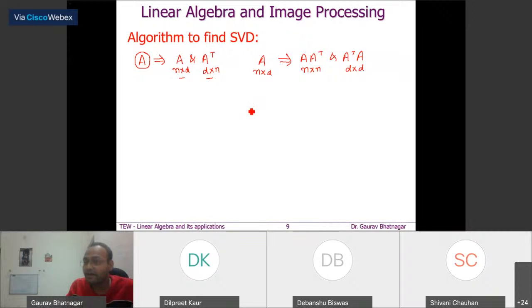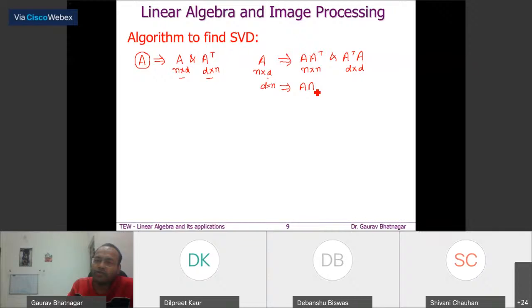So doesn't matter whether your A is a square matrix or a rectangular matrix, the matrices A A transpose and A transpose A are going to be square matrices. For the moment, let me say D is equal to n, so I'm just talking about the square matrix.